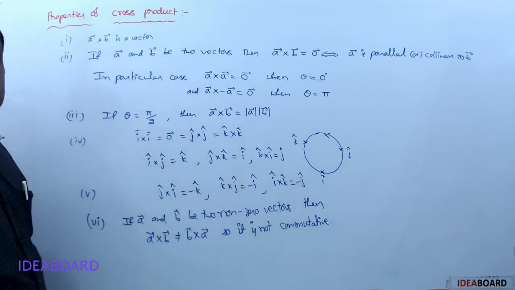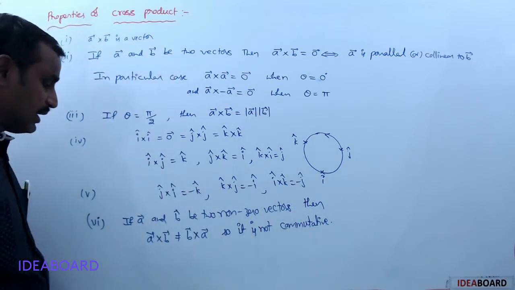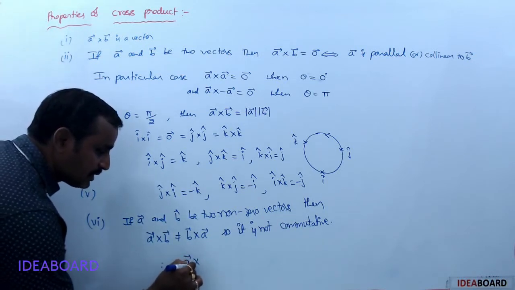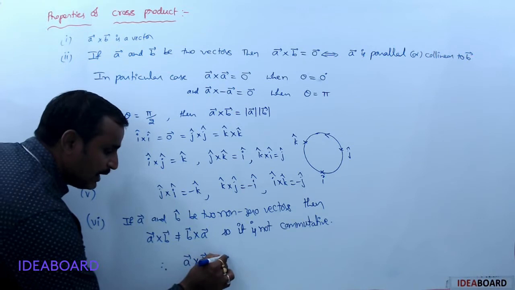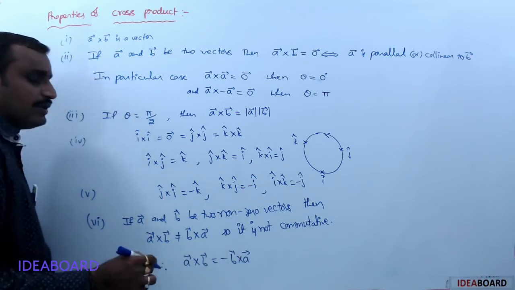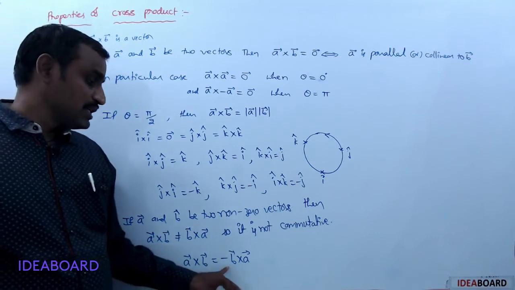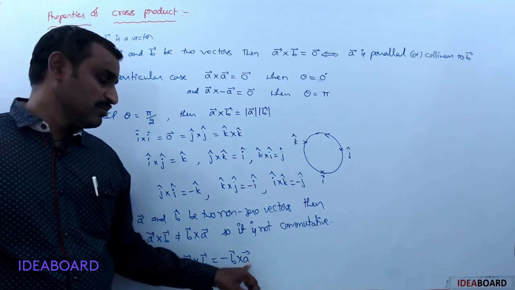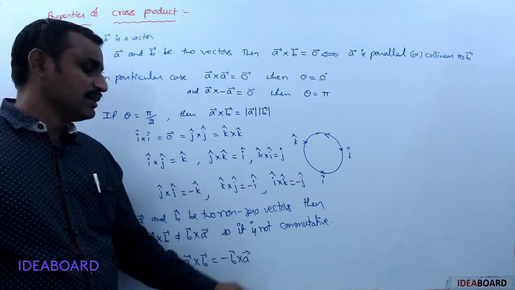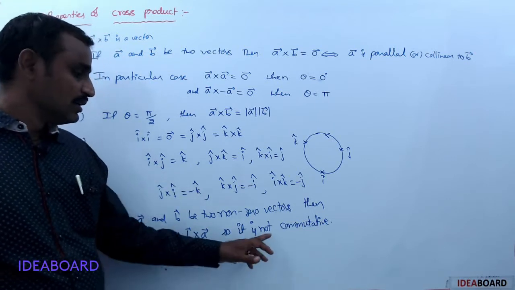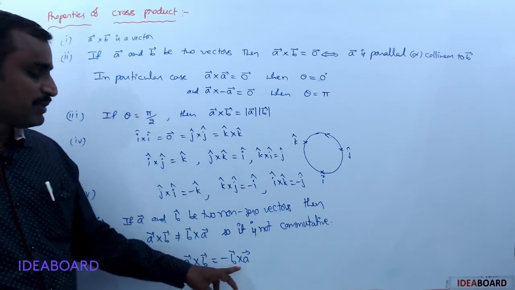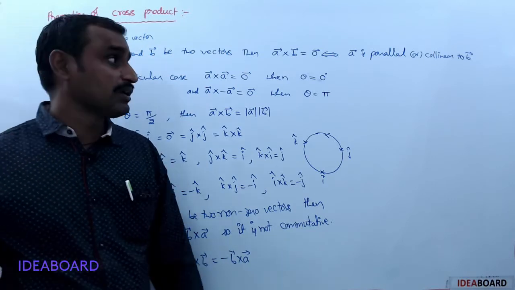Therefore A bar cross B bar is equal to minus of B bar cross A bar. So commutative law does not exist. That's why A bar cross B bar is equal to minus B bar cross A bar.